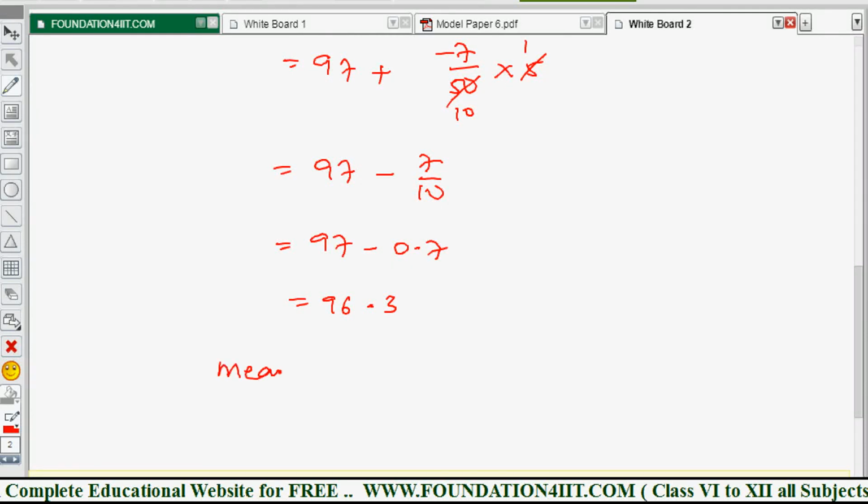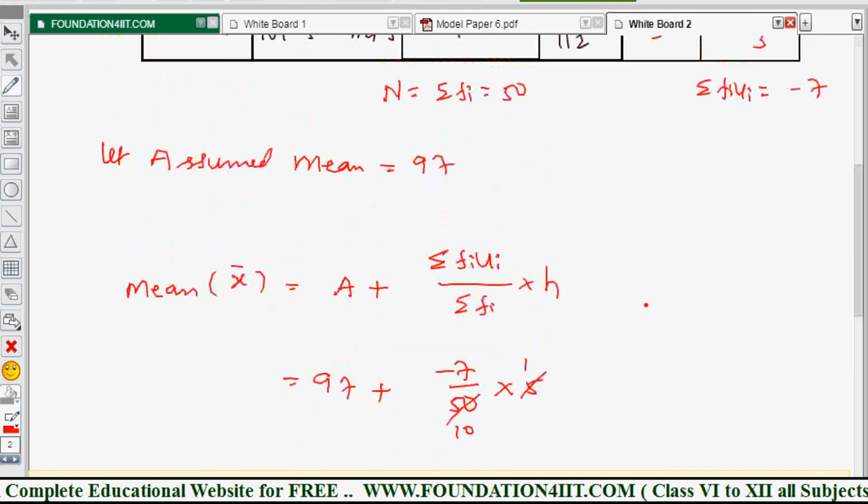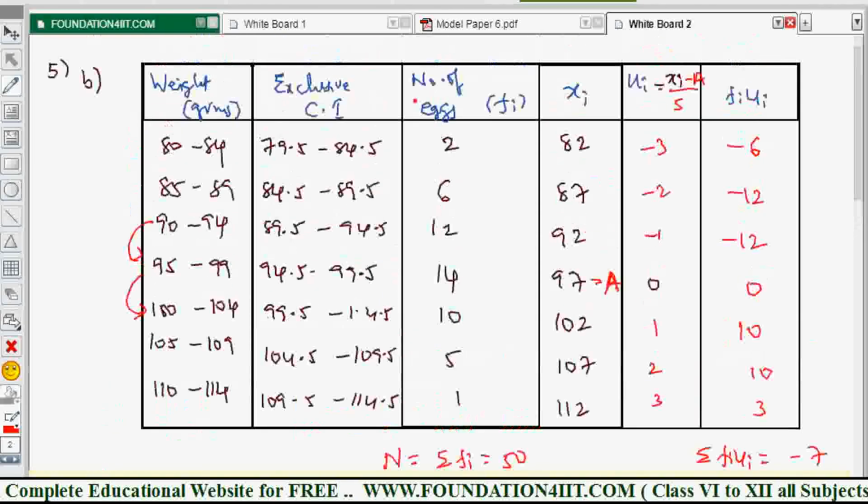Therefore, mean weight is equal to 96 grams, that is nearest gram. The decimal point we remove, because 96.3 is less than 0.5 after the decimal, so we do not add to the next number. So 96 grams. This is the formula you need to remember, and you should use the table. This is about this question.